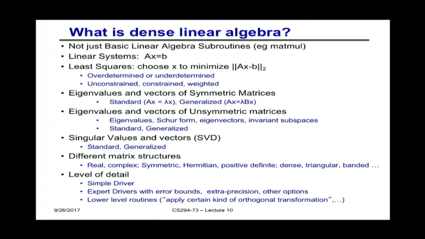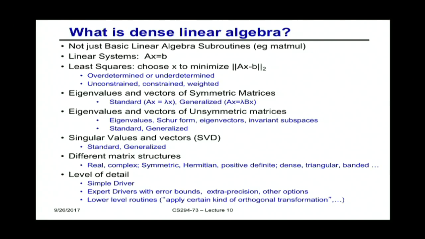Then there are different levels of detail in terms of coding these algorithms, and also from the user point of view. You can have a simple driver, just for a simple linear system, but you can have expert drivers which can deliver error bounds to bound your solution accuracy, and also compute the condition number, which is an estimate.